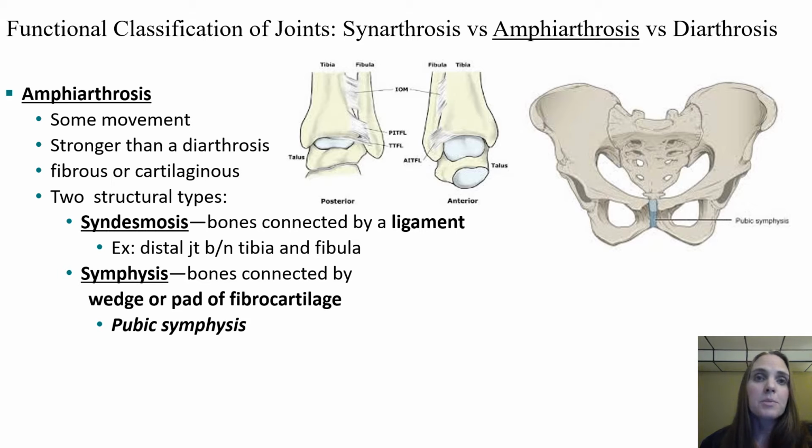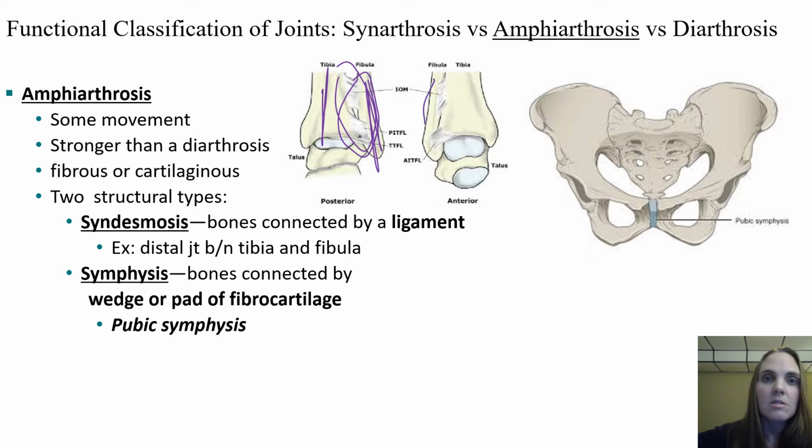We have a syndesmosis, in which bones are connected by a ligament, and the example of this is the distal joint between your tibia and fibula in your leg, and that's what's pictured here in this image. So we've got your fibula and tibia, and there's this ligamentous connection between those two.